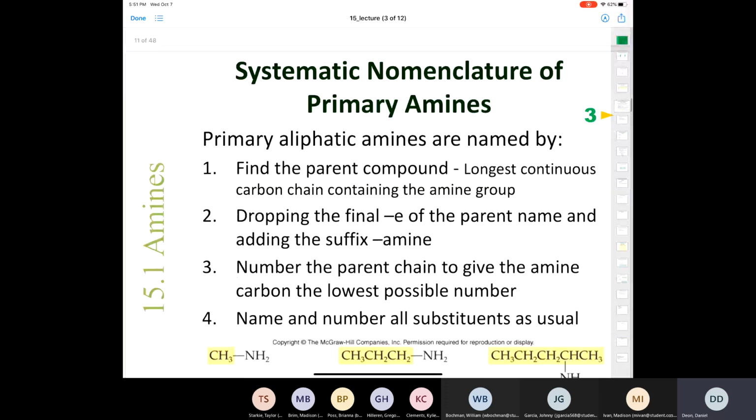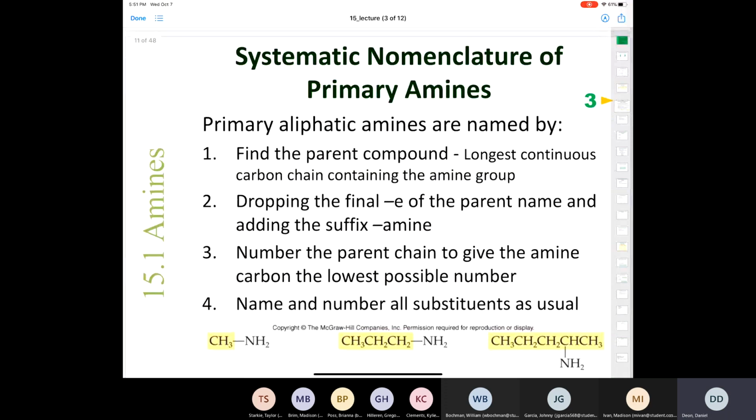Well, here's what you came for, nomenclature. All students love nomenclature. And I promise you that if you understood the nomenclature of alcohols and alkenes, then the nomenclature of amines isn't that much of a stretch. There's just one added layer of complexity when we deal with secondary and tertiary amines, but that's coming up on another slide.